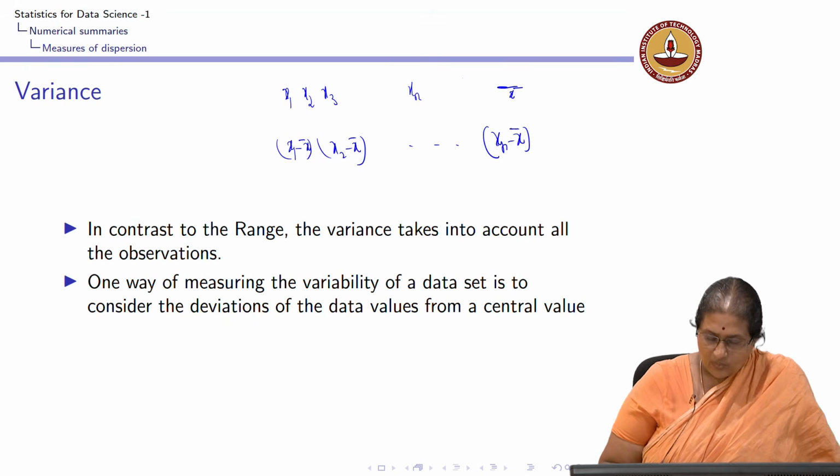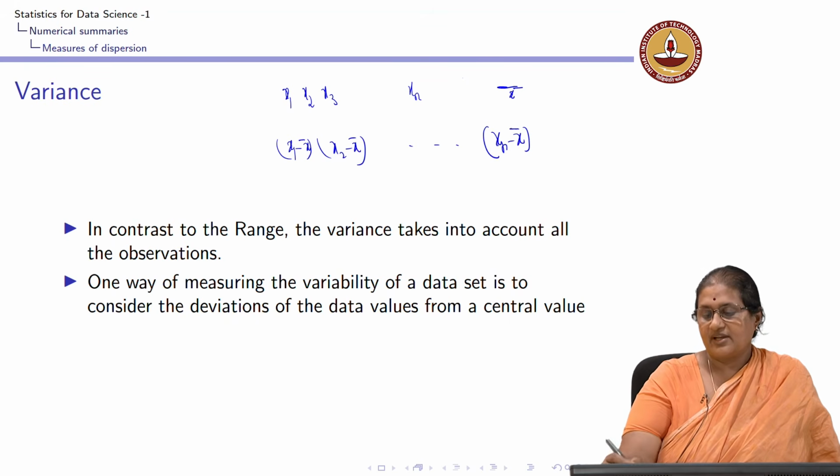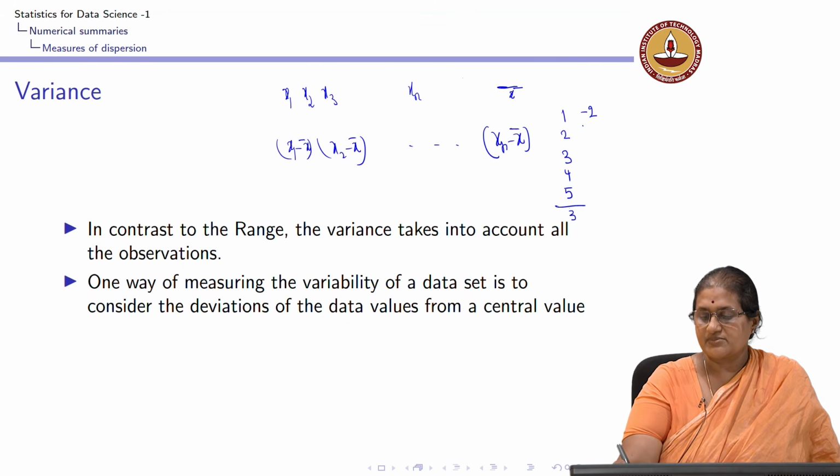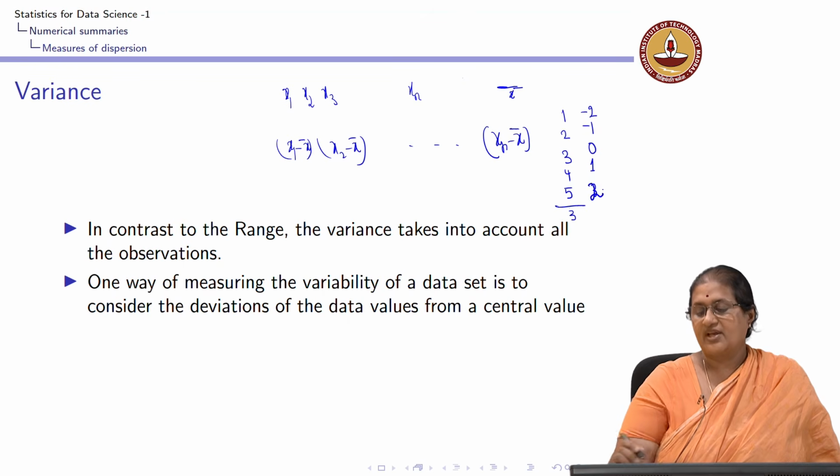Now, in a given data set, for example, let's again take 1, 2, 3, 4, 5. I know x bar for this data set is 3. The deviation of 1 from 3 is minus 2, 2 from 3 is minus 1, 3 from itself is 0, 4 from 3 is plus 1, and 5 from 3 is plus 2.